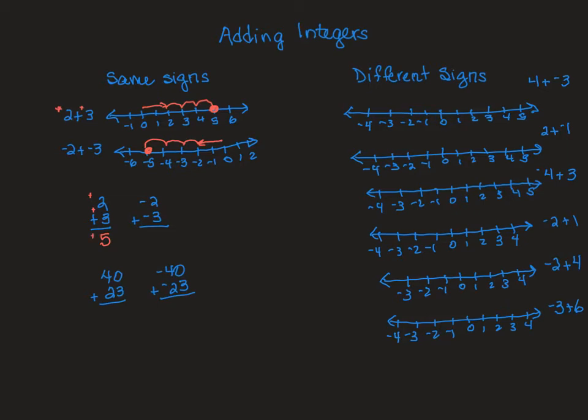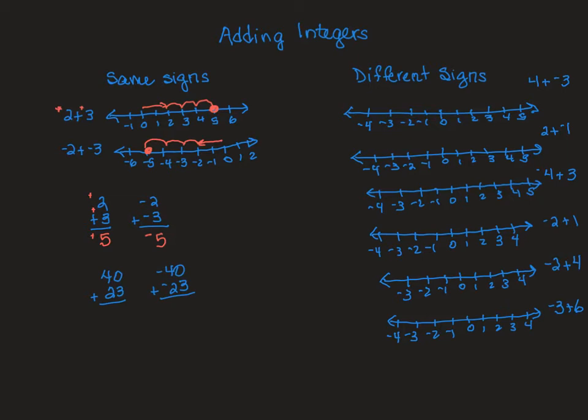Well, it's the same if you're adding negatives. If you have negative 2 and negative 3, you're adding the digits and you're keeping the sign. It's the same sign. I'm adding 2 positives, the answer is positive. I'm adding 2 negatives, the answer is negative. I have negative 2, I'm just adding 3 more negatives. So altogether, I'm going to have 5 negatives.